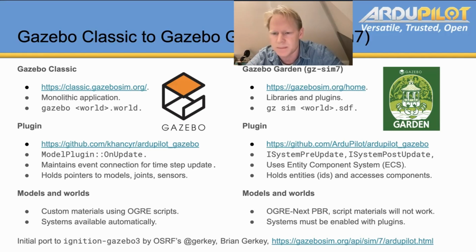And then there's a post-update step where you would query the results of the time stepping for sensor information and other things you might want to feed back into downstream state. So for example, the ArduPilot plugin acquires all the information about the pose, current accelerations and velocities, and ships them back to SITL.